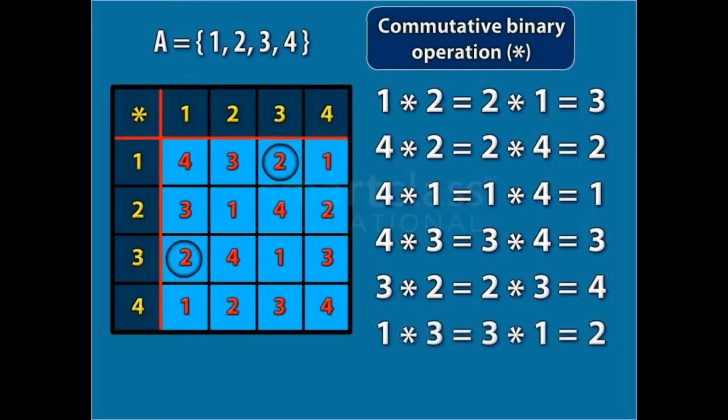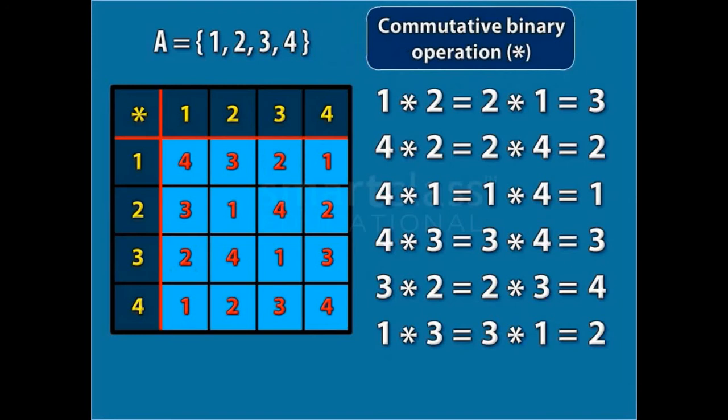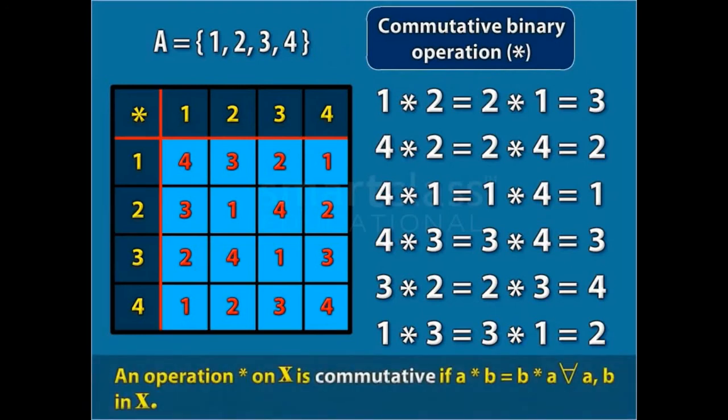We can see that when the binary operation star is performed on any two numbers in any order, the result is the same. Such binary operations are called commutative. We can generalize that an operation star on a set X is commutative if A star B equals B star A for all A, B in set X.